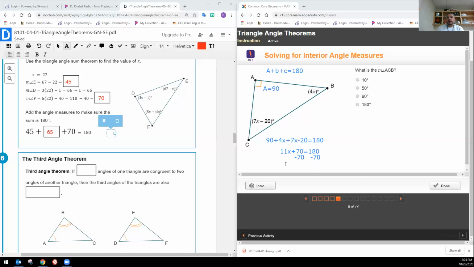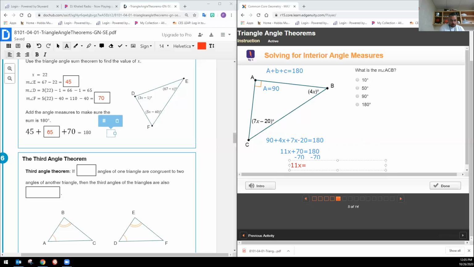What that leaves us with is 11x is equal to 180 minus 70, which is 110.